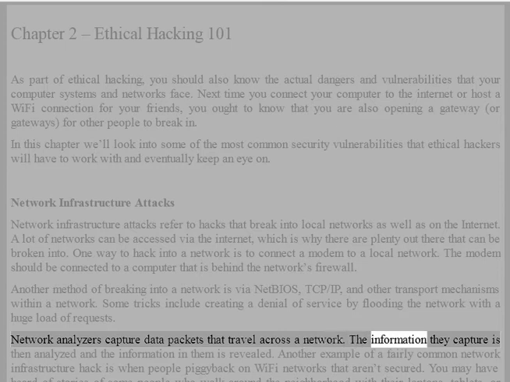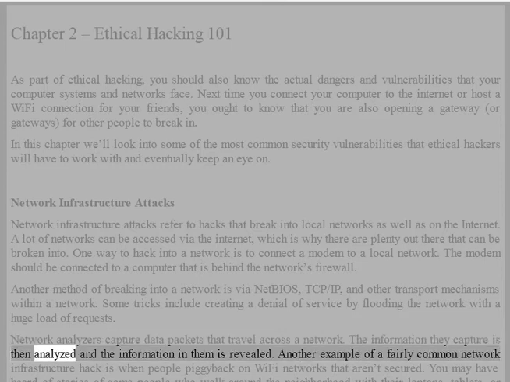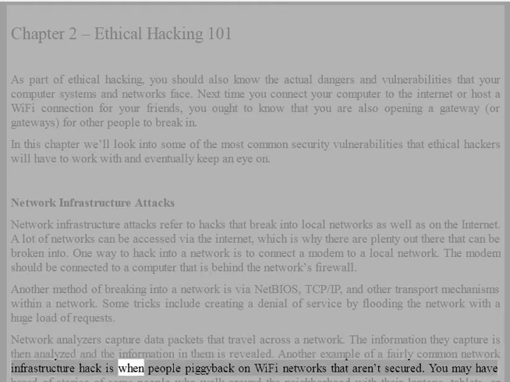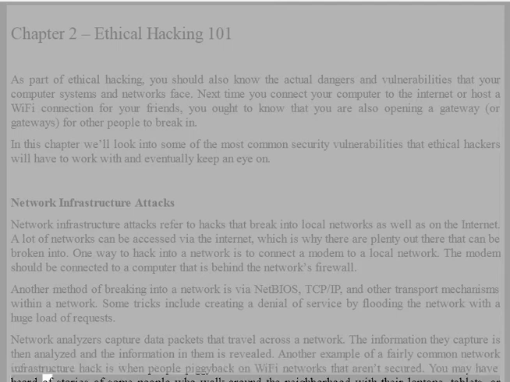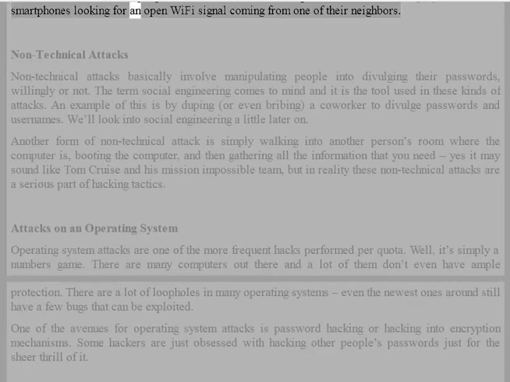The information they capture is then analyzed and the information in them is revealed. Another example of a fairly common network infrastructure hack is when people piggyback on Wi-Fi networks that aren't secured. You may have heard of stories of some people who walk around the neighborhood with their laptops, tablets, or smartphones looking for an open Wi-Fi signal coming from one of their neighbors.